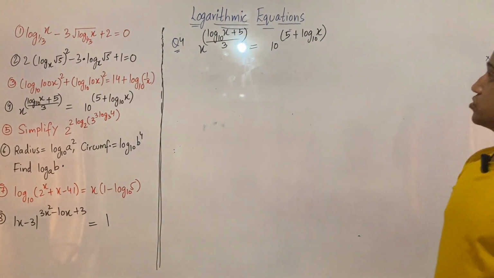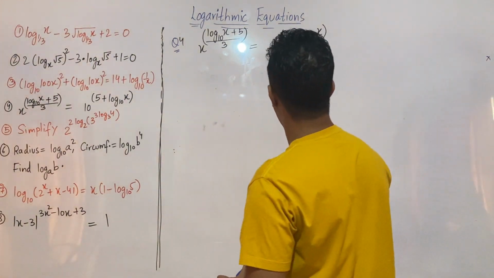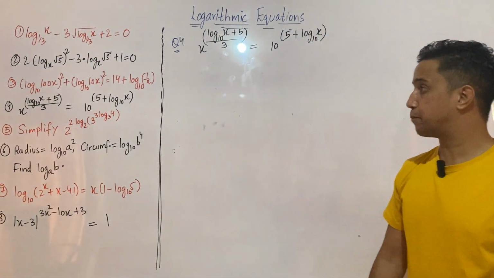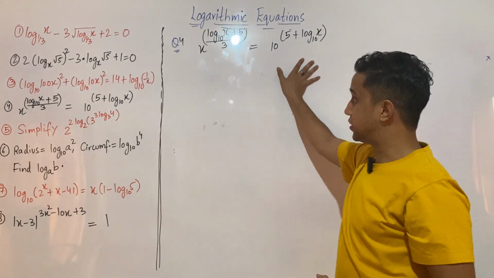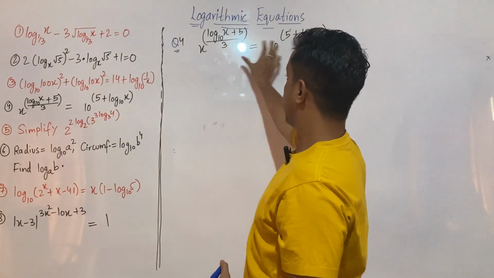Now, what I think here is that we are given two numbers, right? This is on the left, this is on the right.